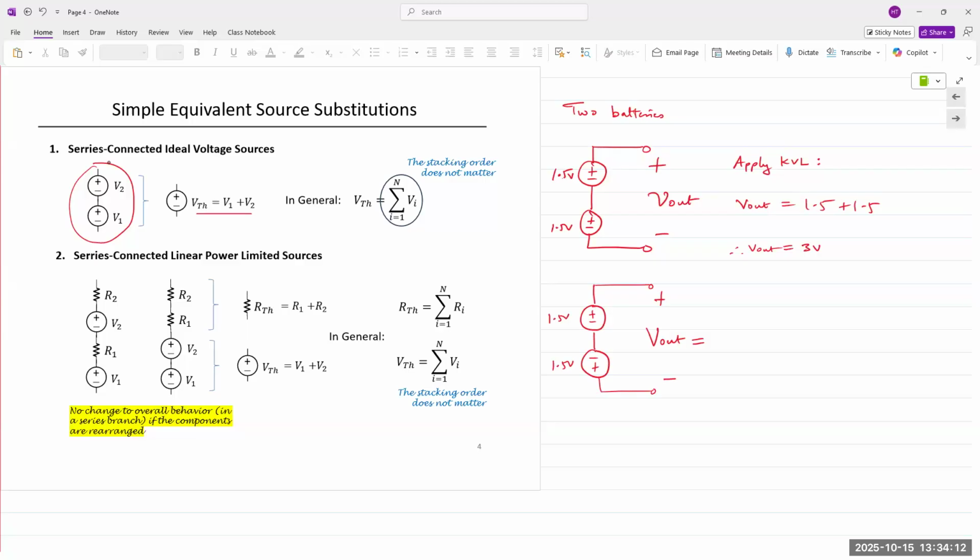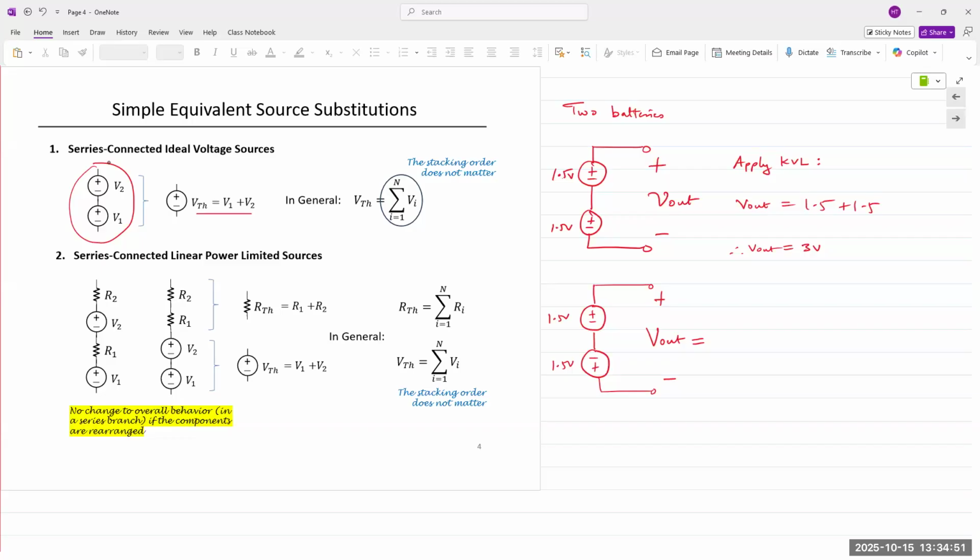Think over that and let me know the answer or your questions. What do y'all think? What is V out? 0.